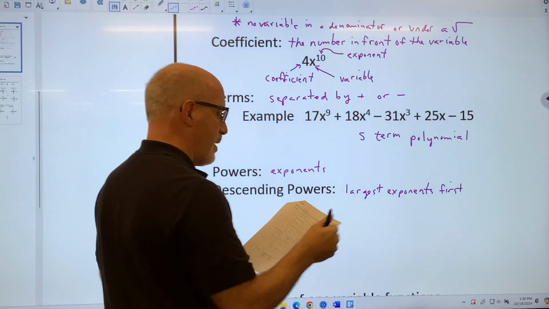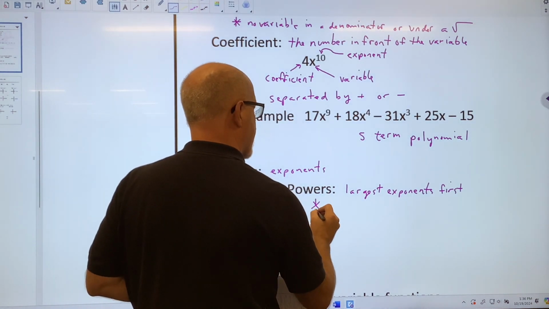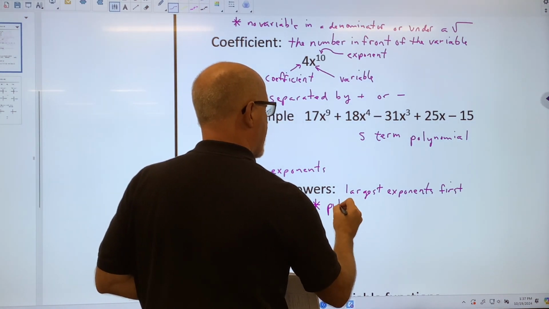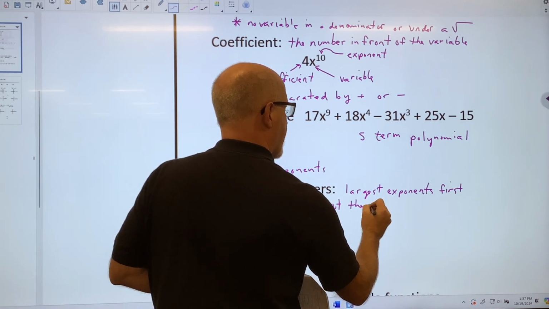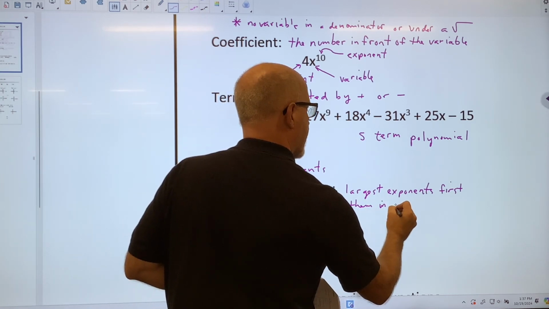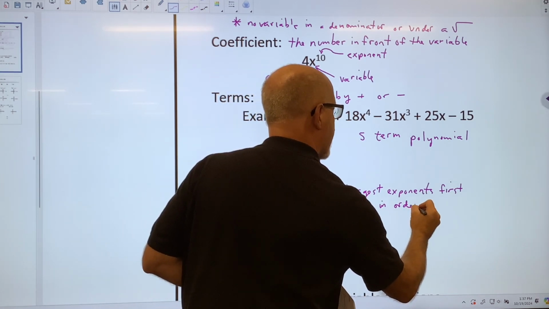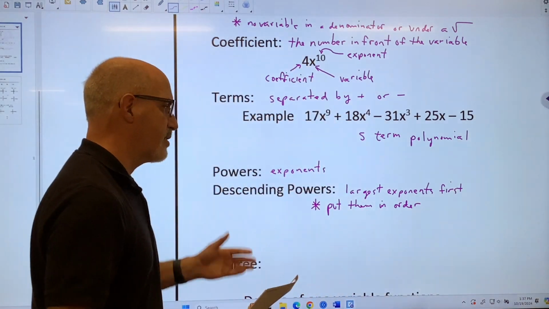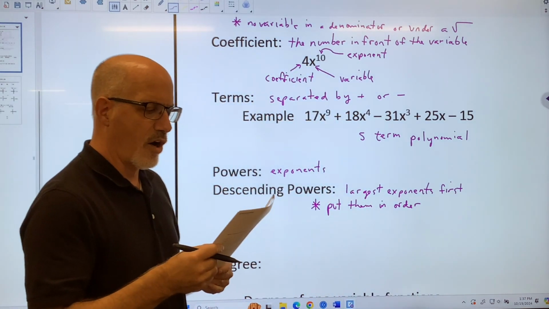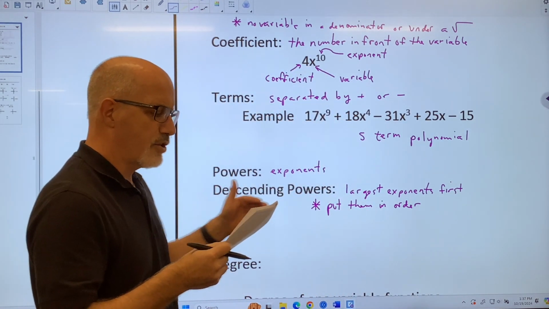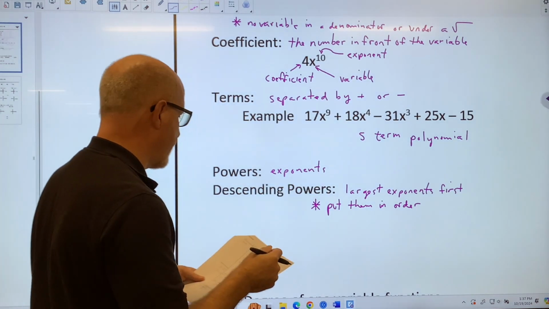So we do want to make sure, and I'm going to emphasize this, you want to put them in order. So many of the things we talk about with this is referring to when they are in order. So make sure you put it in descending powers order first.